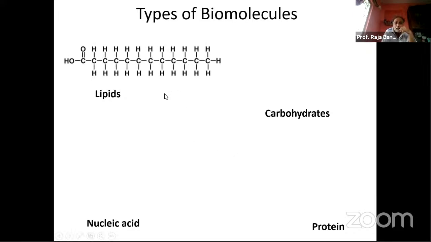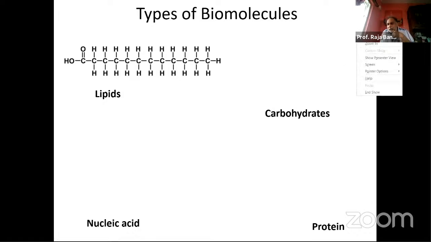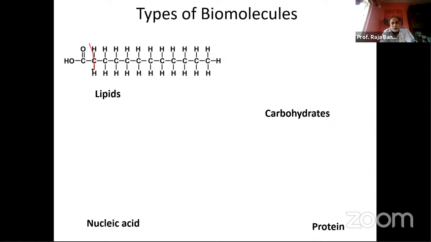In the case of lipid, there are two parts. This part is the hydrophobic part, where we get only carbon and hydrogen, a long aliphatic chain.